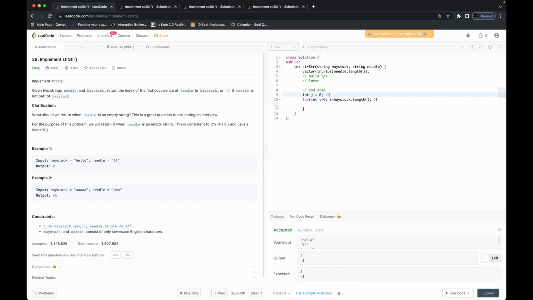So j is the index for the pattern, and i is the index for our target. Now, if they match, that's kind of a trivial case. You will advance both the indexes.